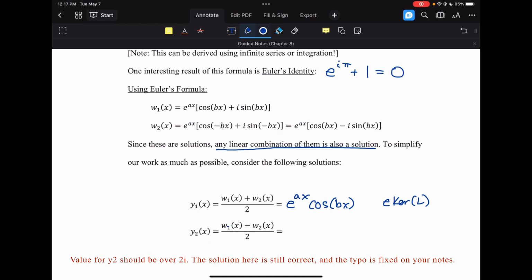And then we can try taking W1 minus W2 all over 2. So e to the ax will still be there out in the front. Now when we subtract, we get cosine minus cosine, and we get i sine minus negative i sine.